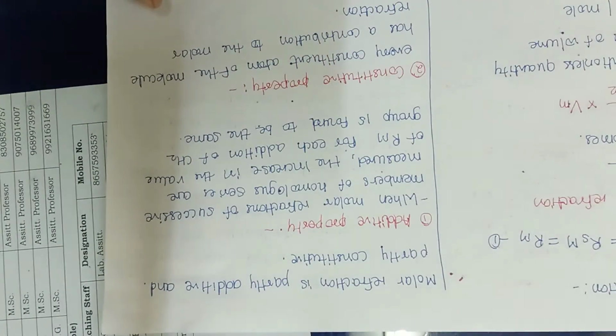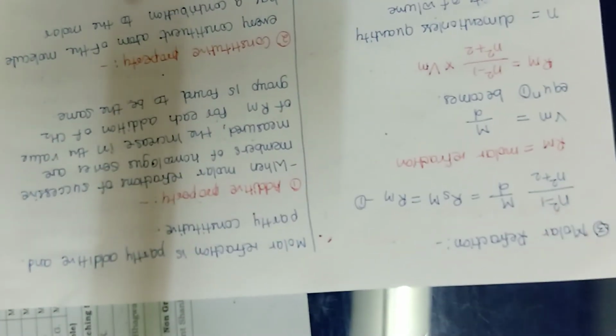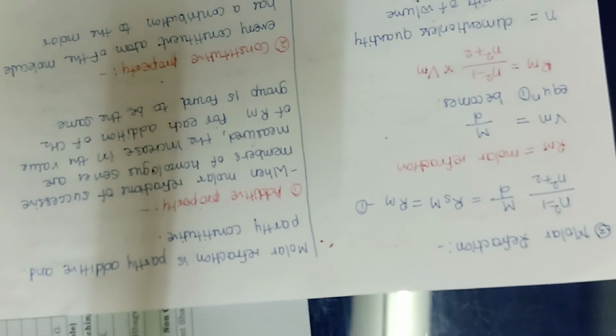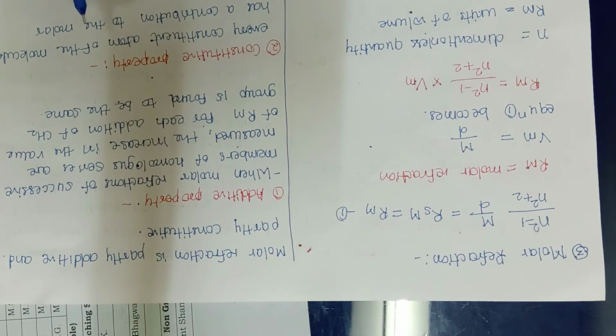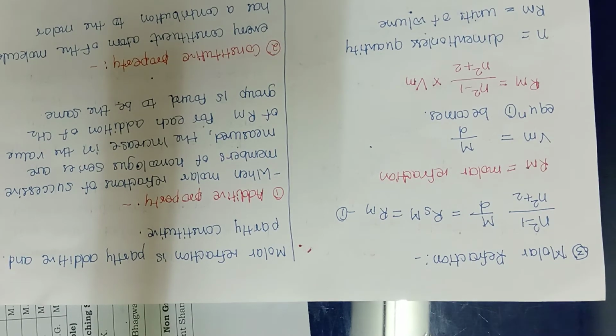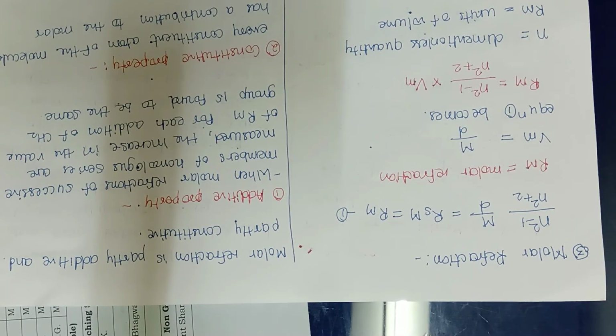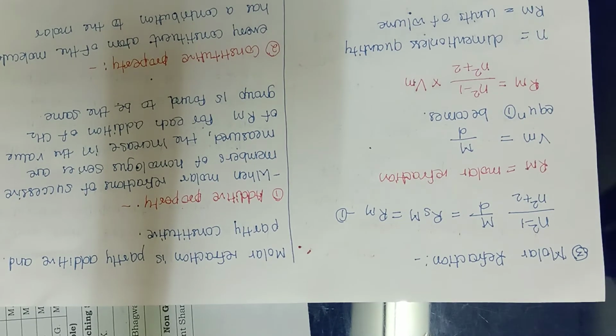Now the third method is molar refraction. How do we find molar refraction? We already saw the formula for specific refractivity. In this formula, we just have to multiply both sides by the molecular weight.